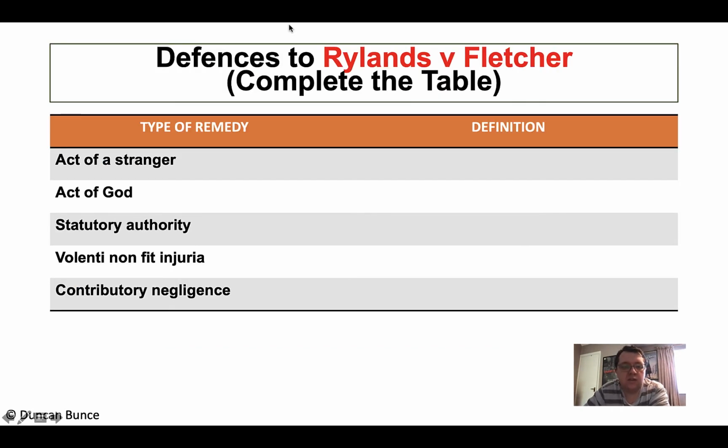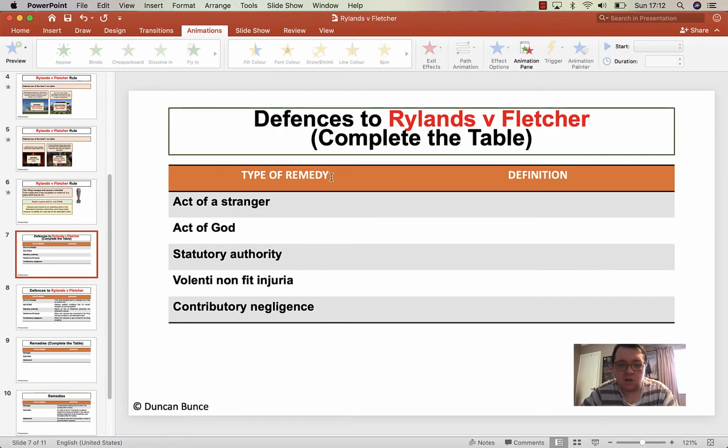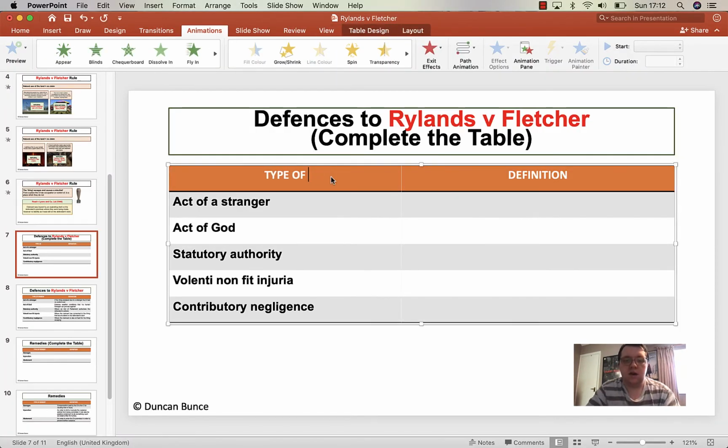One thing you will need to do for me is complete this table. So on the left hand side you've got types of remedies that are quite specific. Oh, did I say types of remedies? I do apologise. Defences, I'm going to change that now. Type of defence. I like capital letters.